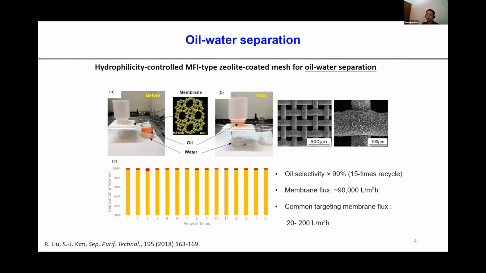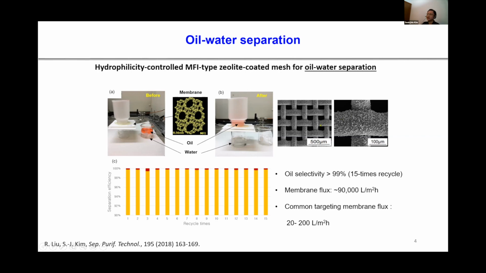So the starting point in our group was using the zeolite mesh membrane. What we did was we used a stainless steel cell, and for the oil-water separation, we synthesized a hydrophilic MFI zeolite membrane on the mesh. We can see SEM images on the right-hand side.